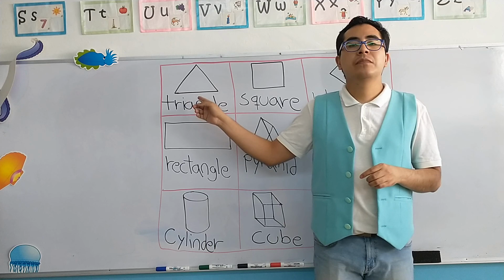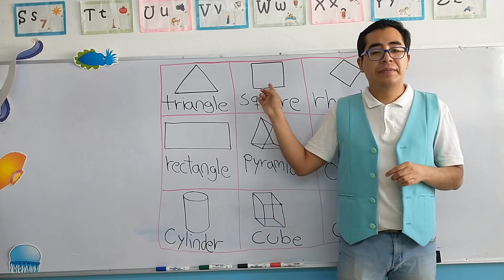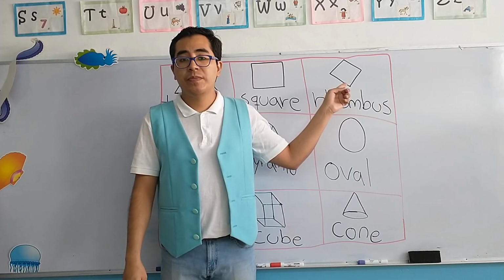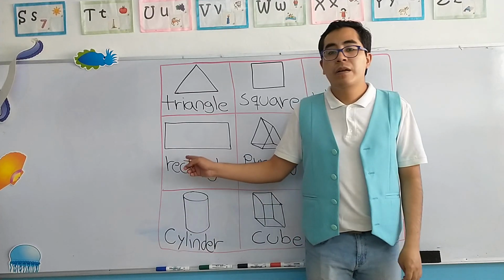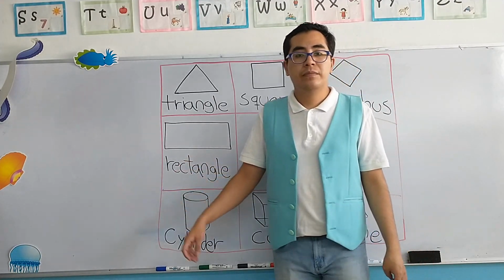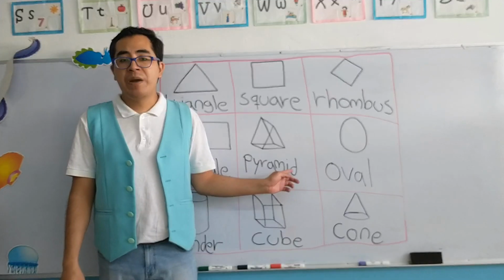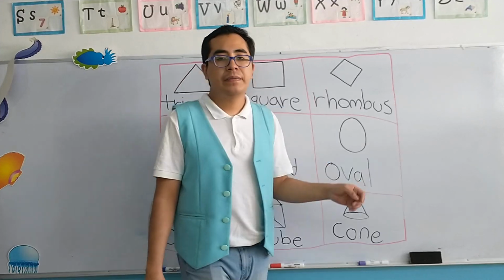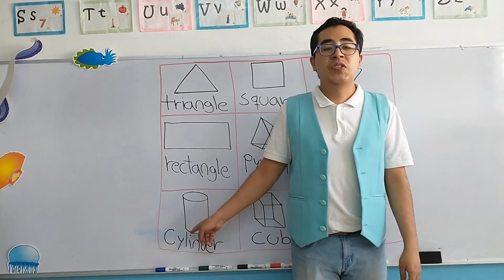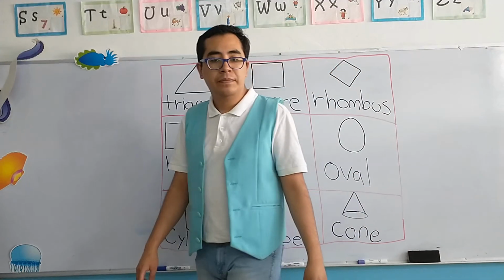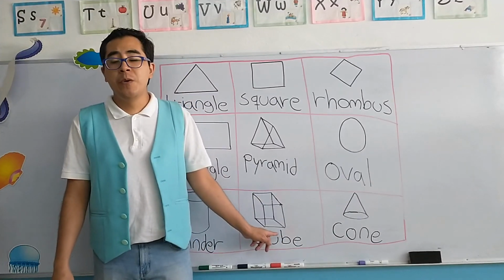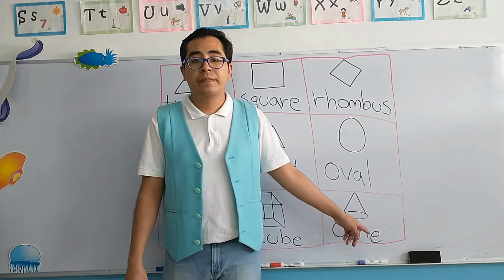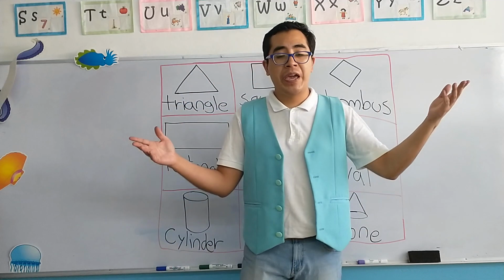Triangle, square, rhombus, rectangle, pyramid, oval, cylinder, cube, cone. Very good.